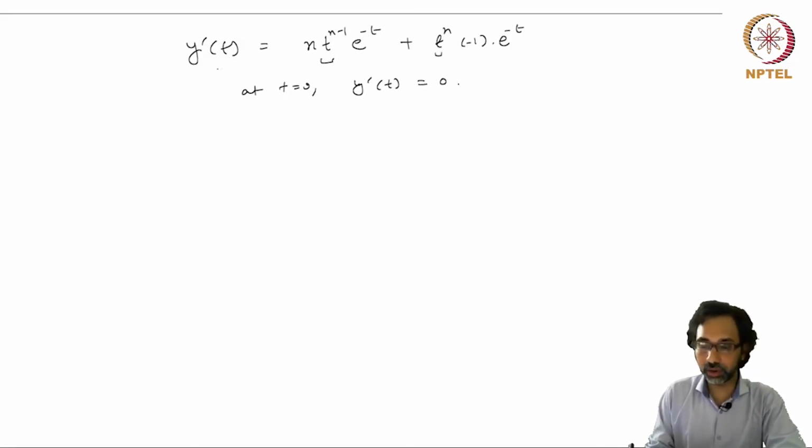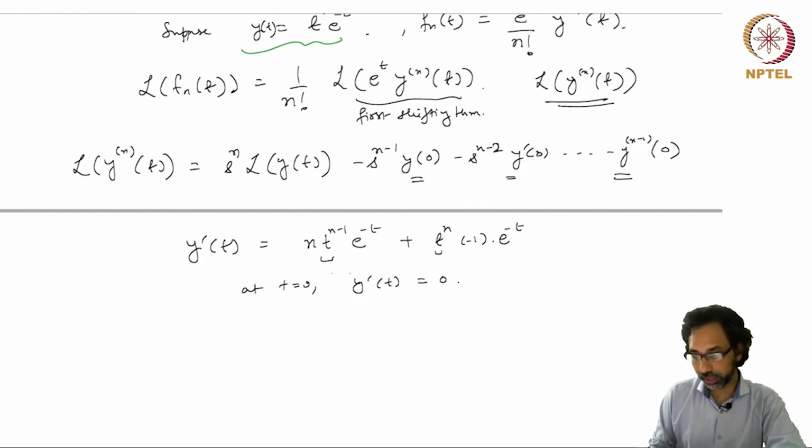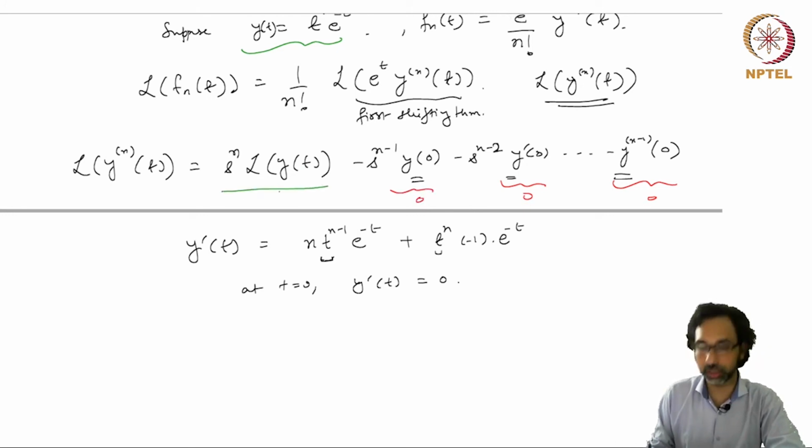Since we are only differentiating up to n minus 1 times, let's look at the formula again. For each one of them, at least the first power of t will appear in all the terms. So in fact all of these terms are 0, and you only get s^n times the Laplace transform of y(t).